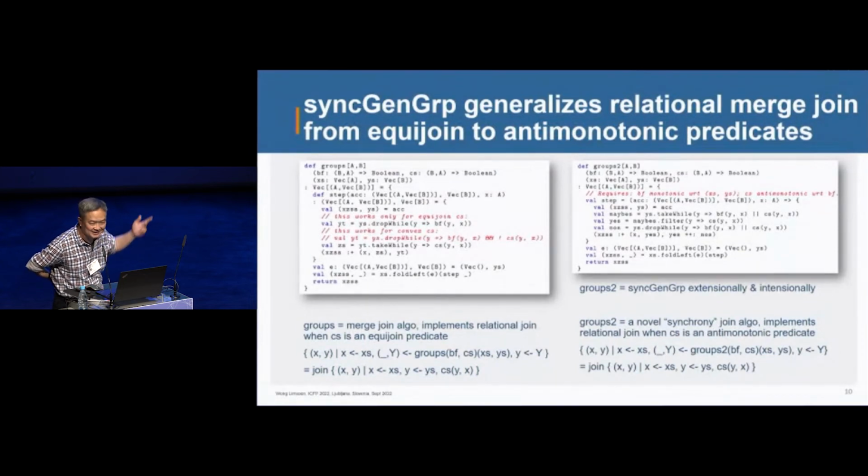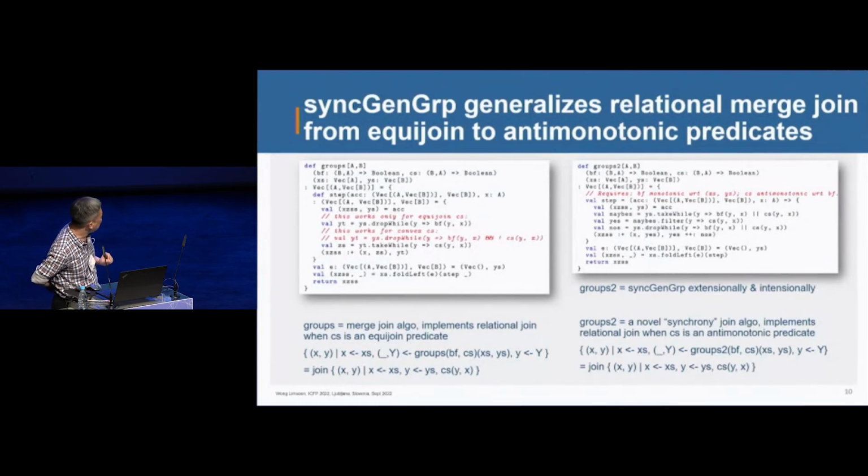This is the yes sublist, and no will be all the rest of the Y. What you return, of course, in the join will be your X with the yeses. But the rest of the list is not the no anymore. It's the yes concatenated to the no. Okay, so this is how the Synchrony join is different from the standard merge join.